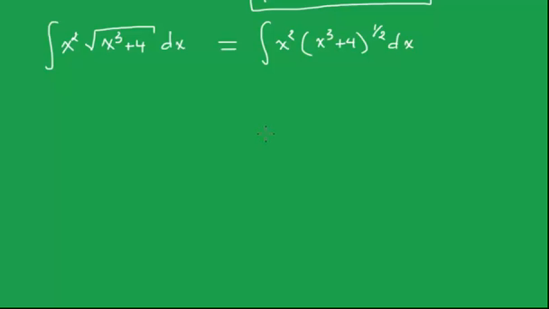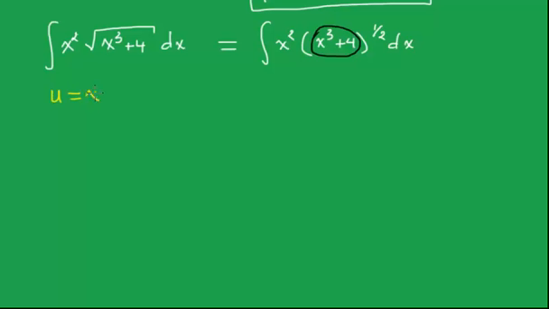Now, another hint here is whenever you have an expression raised to a certain power, so here we have a whole expression raised to the power of 1/2, the idea is to set u to be whatever is inside the parentheses, whatever is raised to that power.